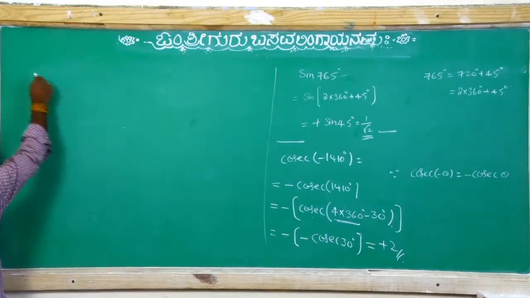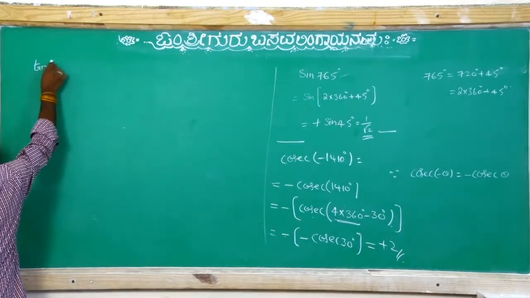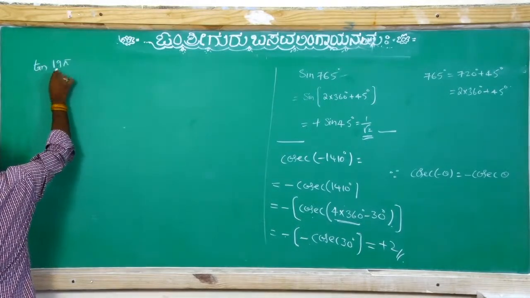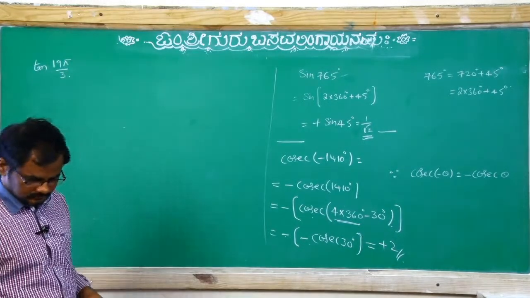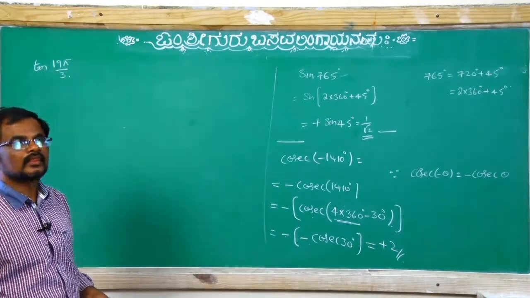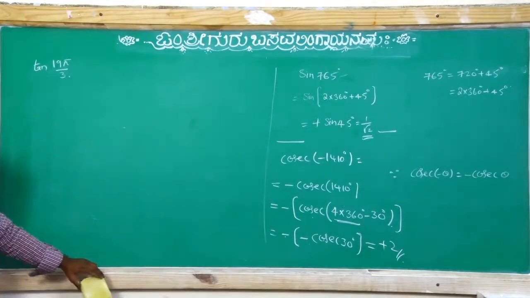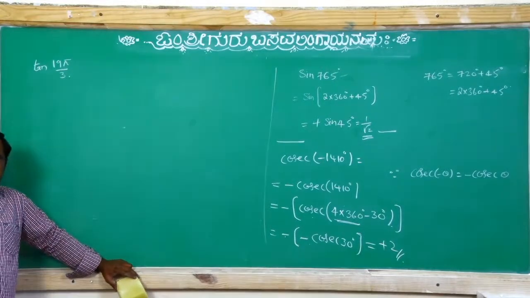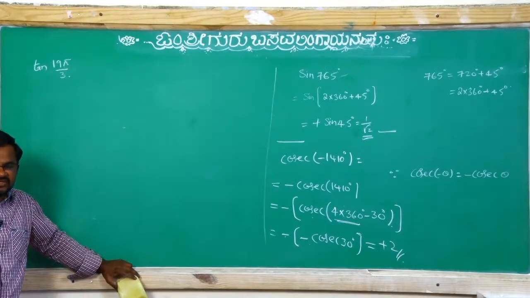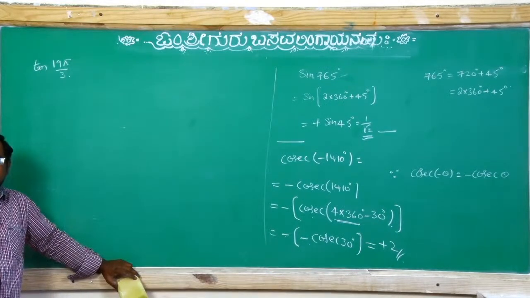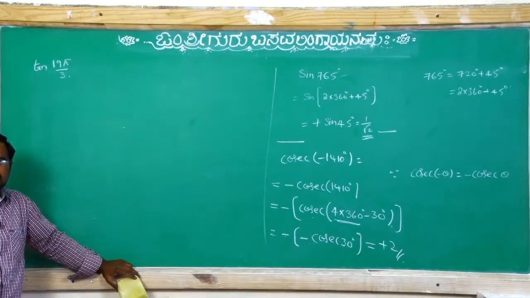Next, tan of 19 pi by 3. Better do directly. It is easy whenever they give 19, 23 like that, multiple of pi by 3.